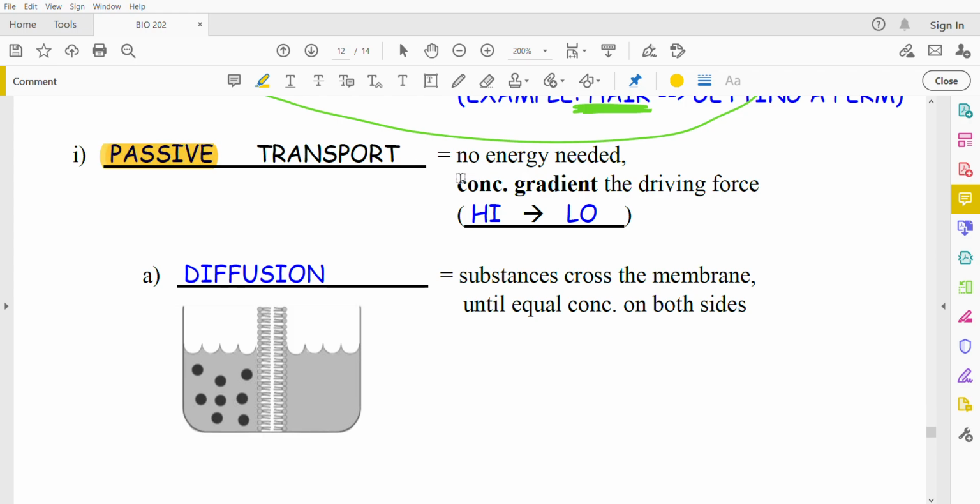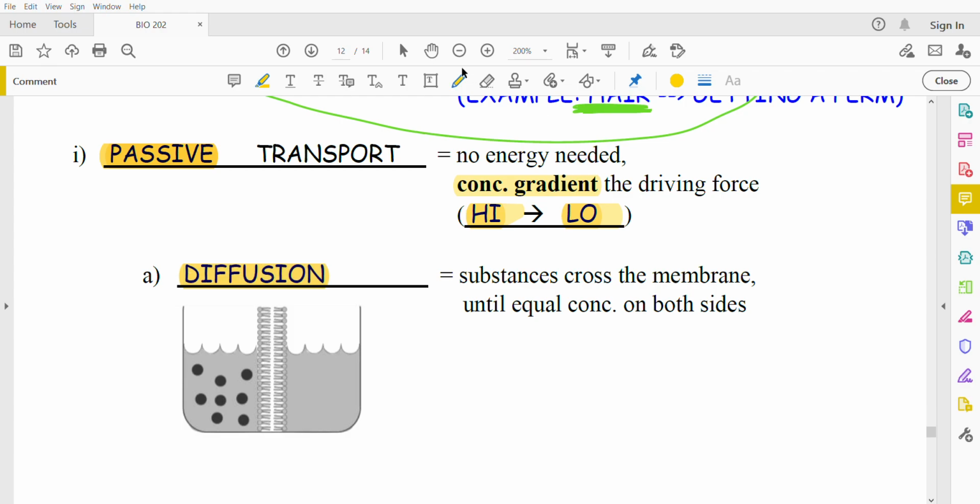And usually that's because of the concentration gradient difference. So materials move from areas where there's a high amount of material, so high concentration of something, towards the areas of low amount of the material until equilibrium is reached, so there's the same concentration on both sides of the membrane. And the first example of that we had a look at was diffusion.